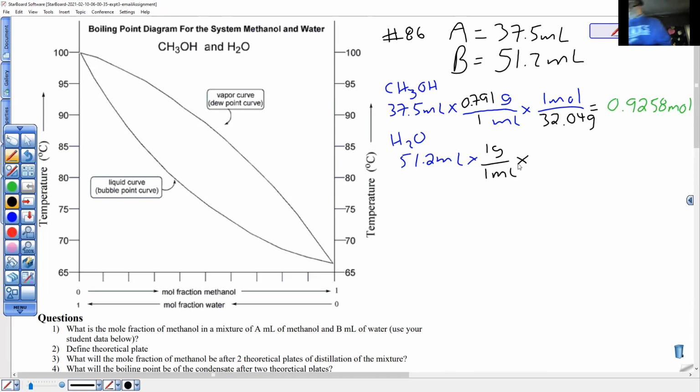And there's 1 mole of water for every, you could use the periodic table, or you may have already done this so many times that you know it's 18.02, keeping an extra sig fig always when we want to. And when we work this out, that's going to be clearly more than 2 moles, 2.841 moles.